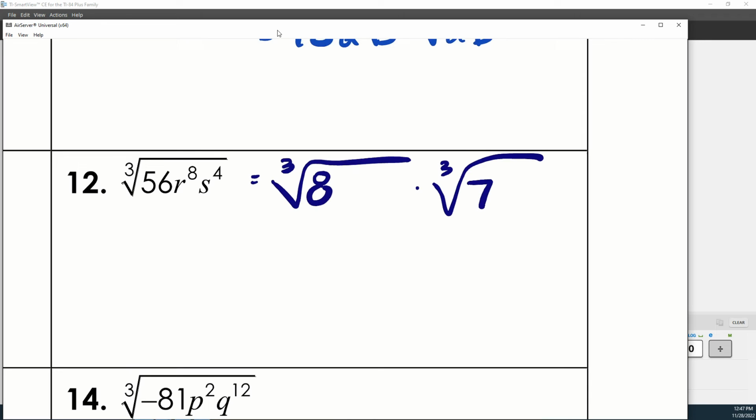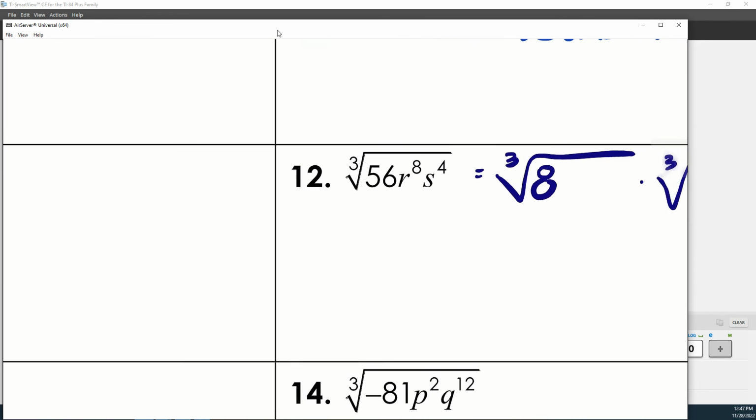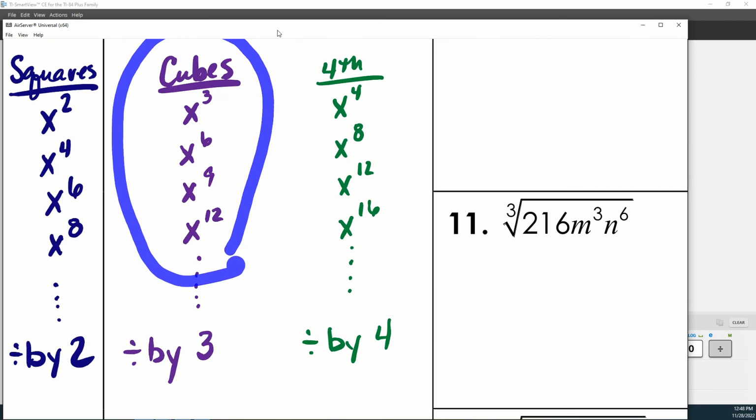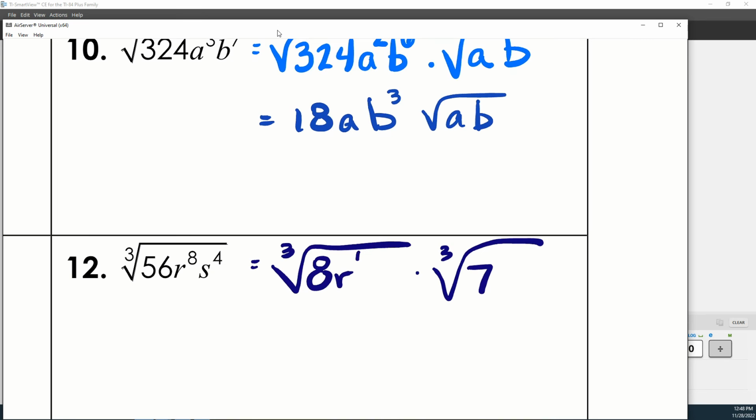Right? And then for my S and my R, I have R to the 8th. So I'm going to look in my cubes. I want to get as close to the 8th power without going over. So that's going to be the 6th power. So R to the 6th. How many more R's do I need to get 8? 2 more R's. So those 2 go in the second one.